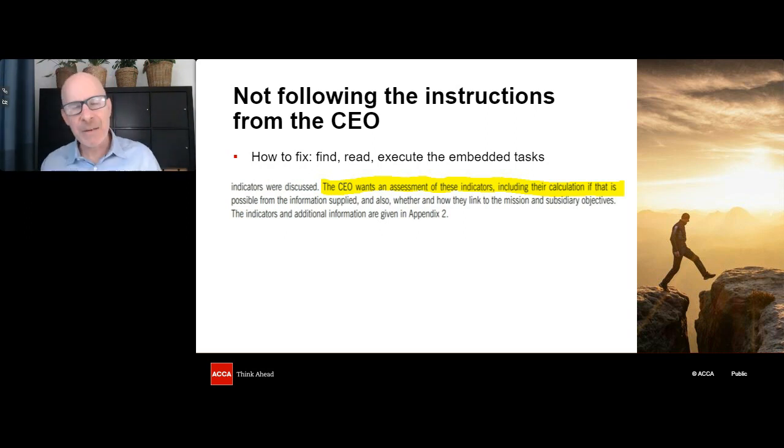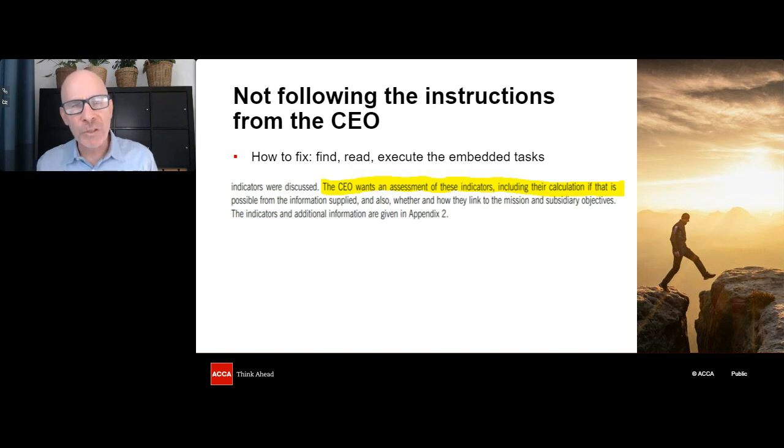Okay. Then you'll open a spreadsheet. You'll do the math in the spreadsheet. You bring it over. Everyone, give me a thumbs up if that is crystal clear. One section, assessment of the indicators. Got to show judgment. And look at this. Many students would then miss the second part, whether and how they link to the mission and subsidiary objectives.